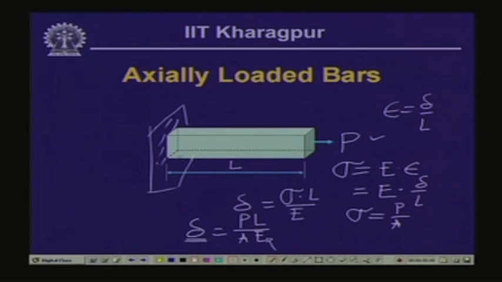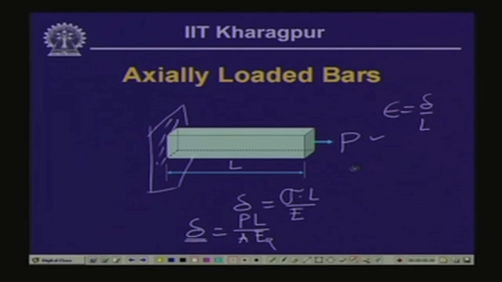However, if the strain is not same everywhere, if there is variation of the strain as we have seen in the previous calculation, the deformation delta is equals to integral 0 to L epsilon dx, and we have seen that from our stress strain relationship sigma is equals to E times epsilon.